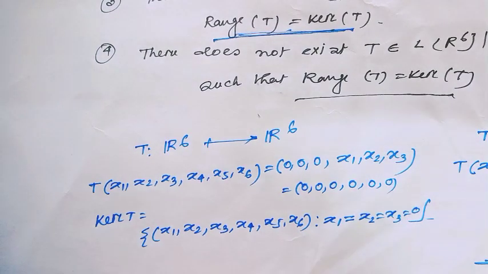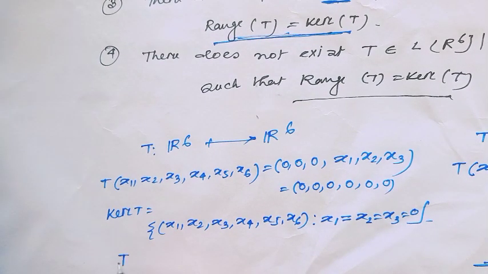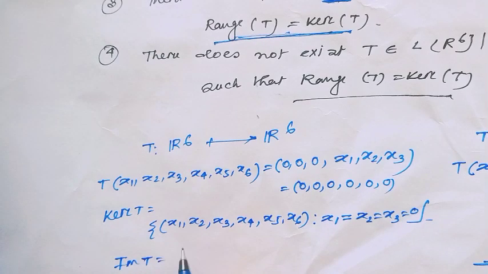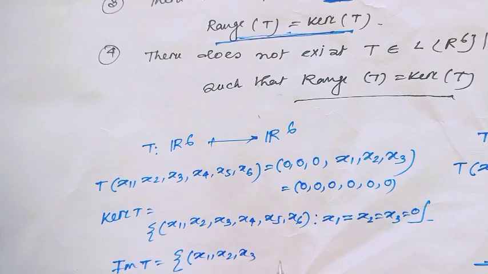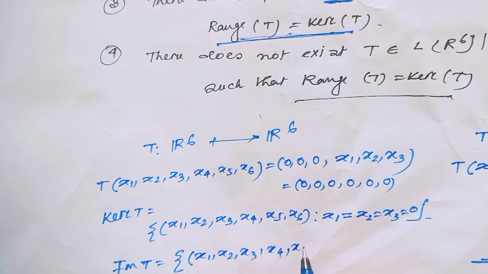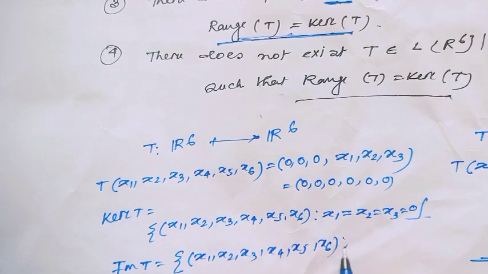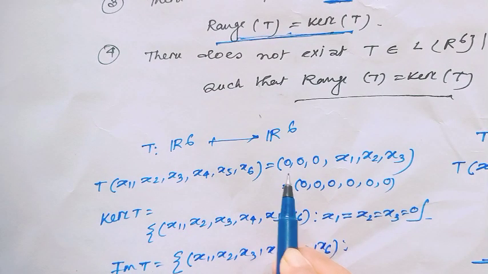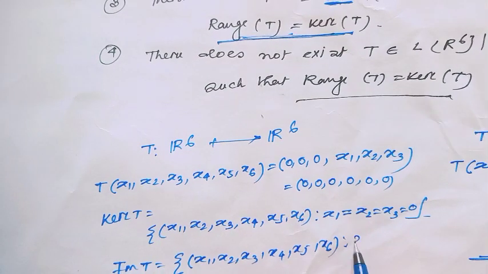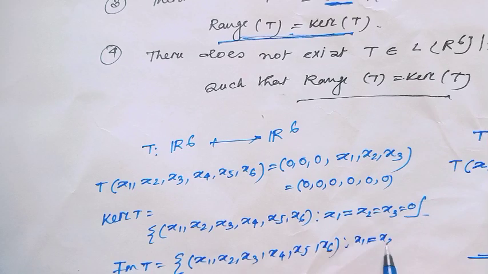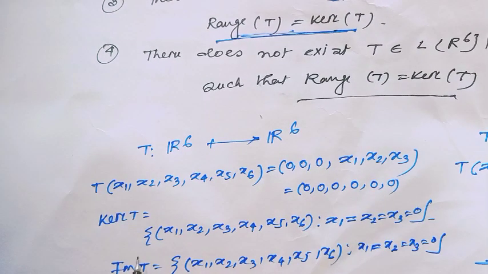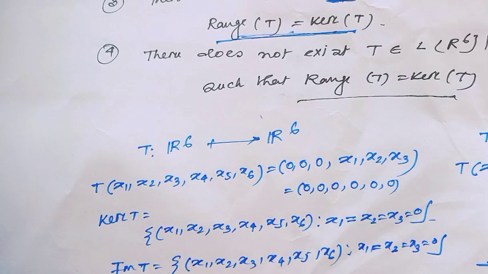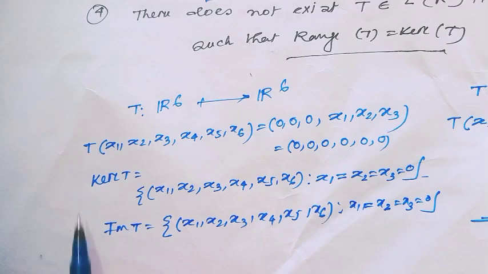And what is the image of T? Image T is the set of those (x1, x2, x3, x4, x5, x6) such that x1, x2, x3 should be equal to 0. That means obviously range T and kernel T are equal.